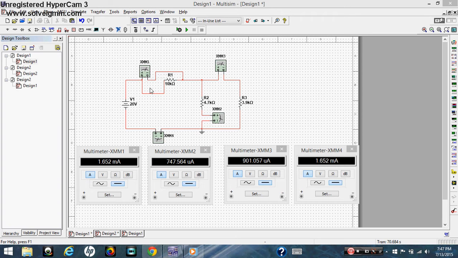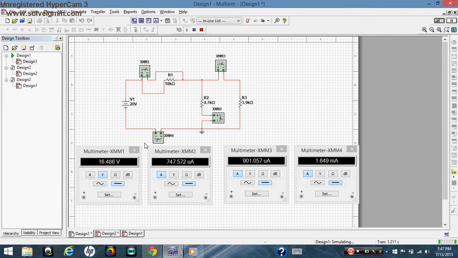It looks weird, but the multimeter is connected across R1 to give you the voltage across R1, and the voltage across R1 would be 16.486 volts. To find the voltage, you have to connect the voltmeter, the multimeter, here across R1.